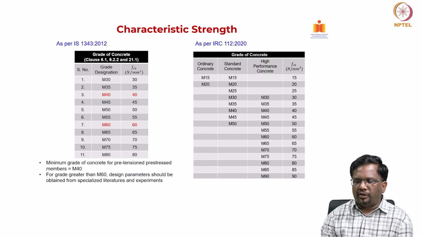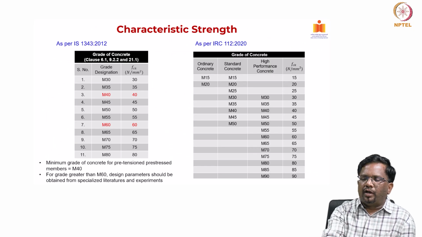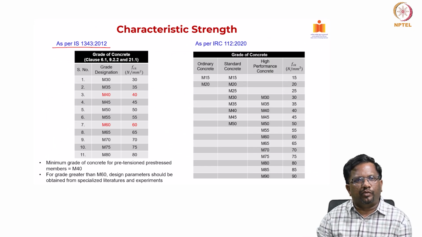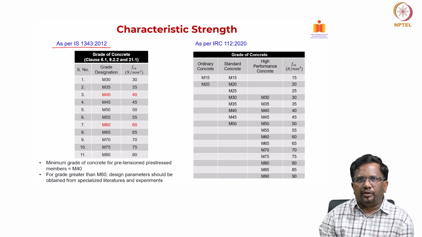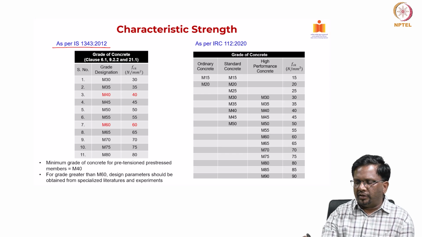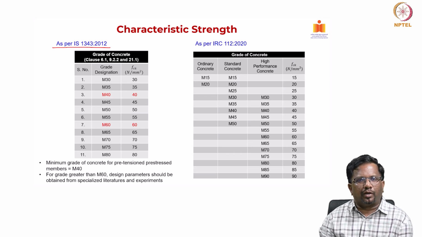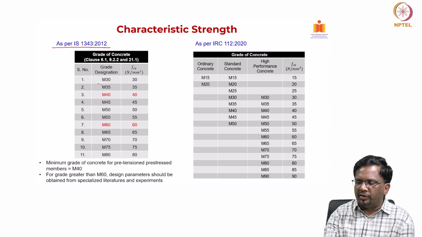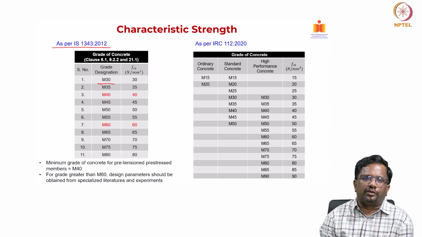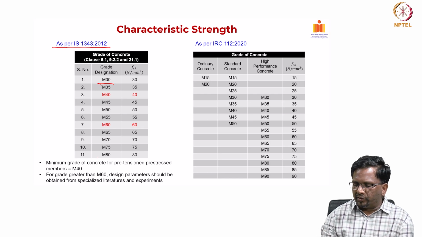Now these are the grades of concrete, and for prestress, as you know, IS 1343 is the code. You can see that these are the different grades of concrete strength allowed by IS 1343, starting from M30, the minimum strength we need to use in prestressed concrete, and it allows you to go up to M80.